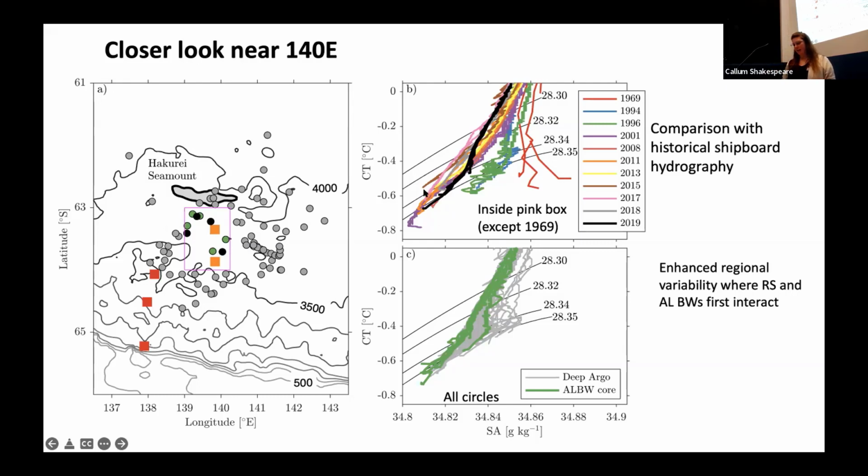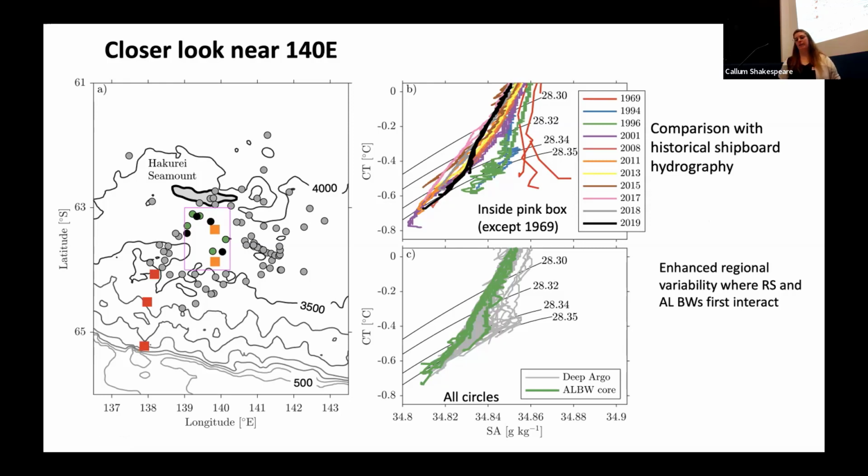And you can see a hint of those waters also getting saltier between 2018, that gray line that is probably hard to see, and 2019, which is these black profiles that the floats took. And these values from 1969 or 70 are these red squares up here.